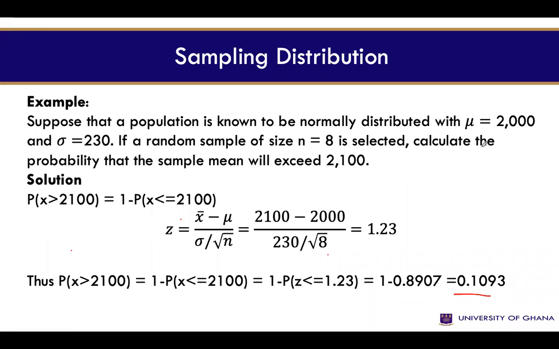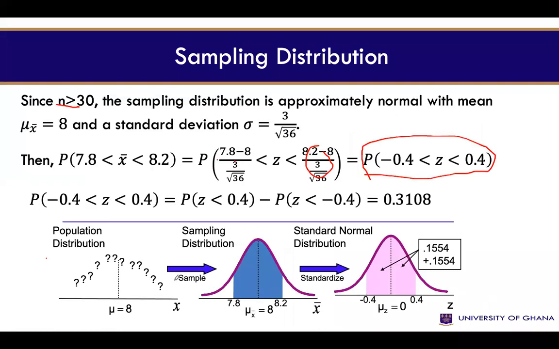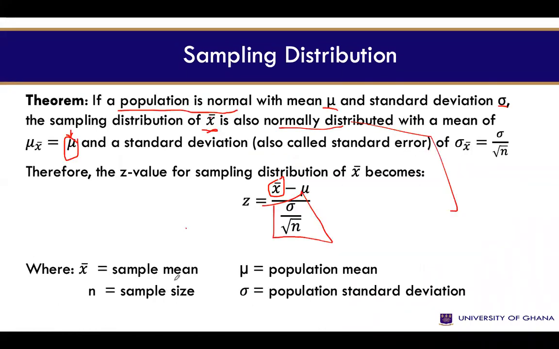0.1093. Okay. So Grace, what we've been talking about is that we want to find the probability that the sample mean lies within a certain value. We are now looking at the distribution of the sample. And we mentioned that if the sample is selected from a normal population that has a mean and a standard deviation, then the distribution of the sample mean is also normally distributed.